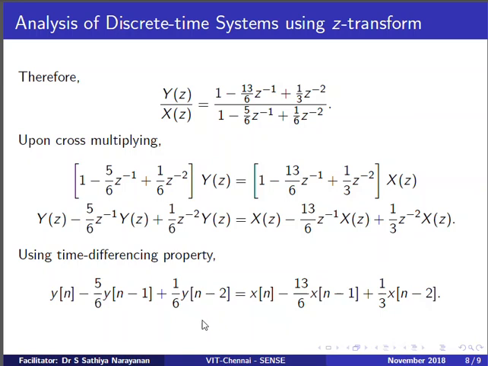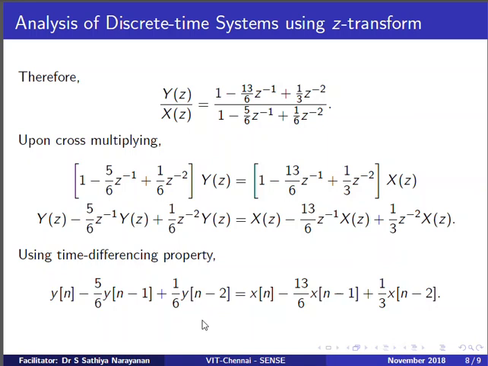So just a recap of what we have done. We are given one pair of x of n, y of n, and we are asked to characterize the system in terms of its difference equation, the constant coefficient difference equation. We applied the z transform on x of n and y of n and obtained X of z and Y of z. So using X of z and Y of z, we expressed the ratio which is H of z, the transfer function of the system.